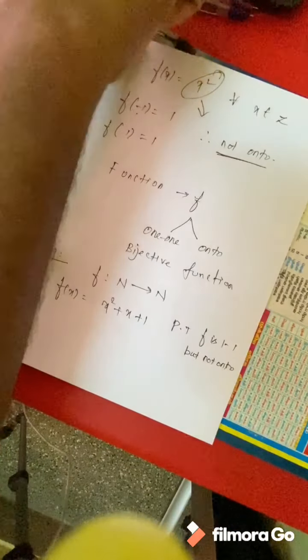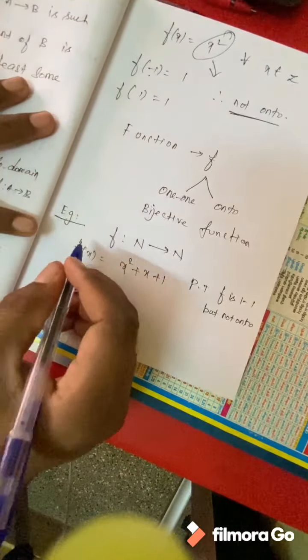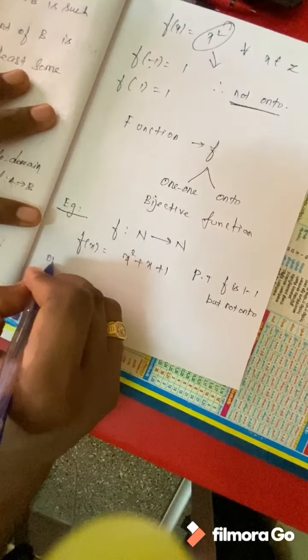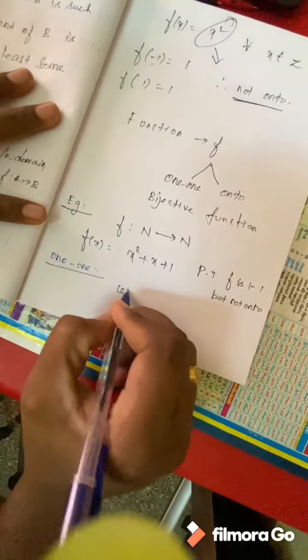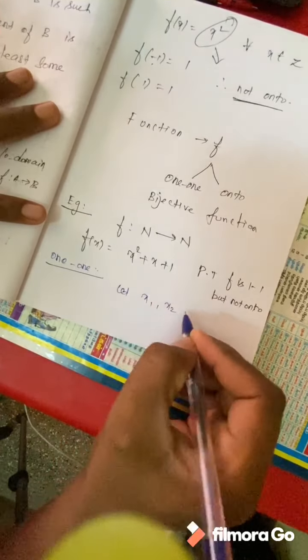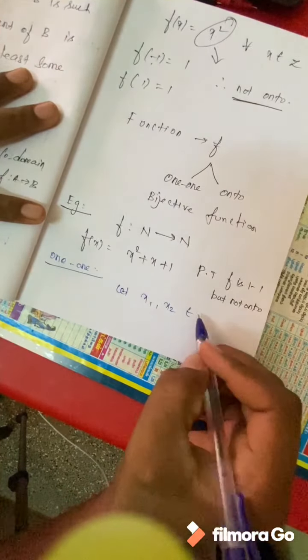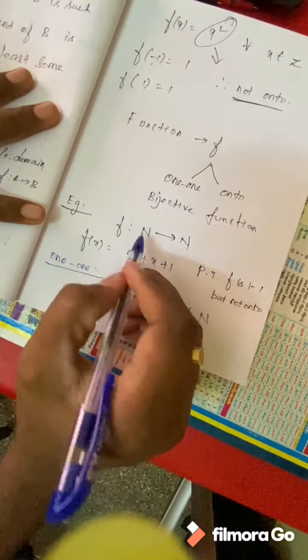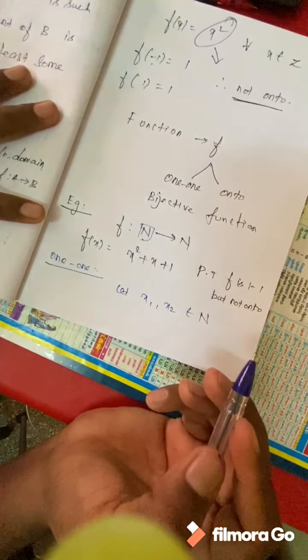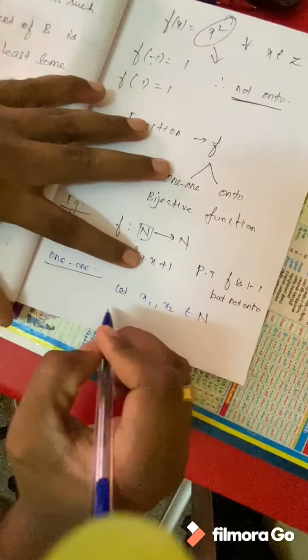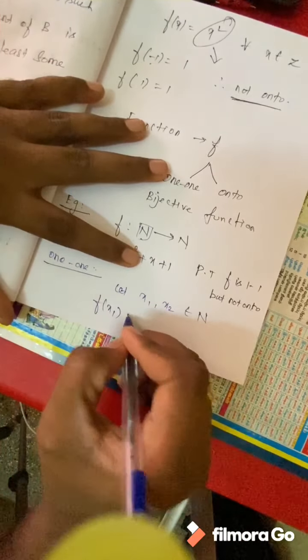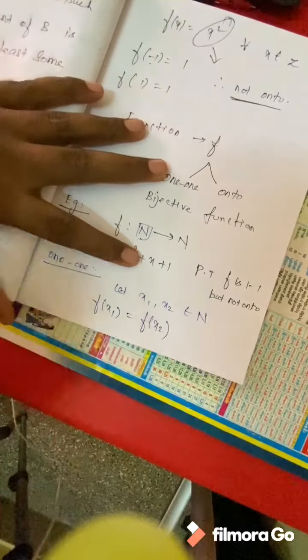Okay. So to prove one-one, first the one-one condition. To prove the one-one condition, let x1 comma x2 belong to, here for domain and codomain both we should take the set of all natural numbers. Let x1 comma x2 belong to N. I can assume f of x1 is equal to f of x2, right?